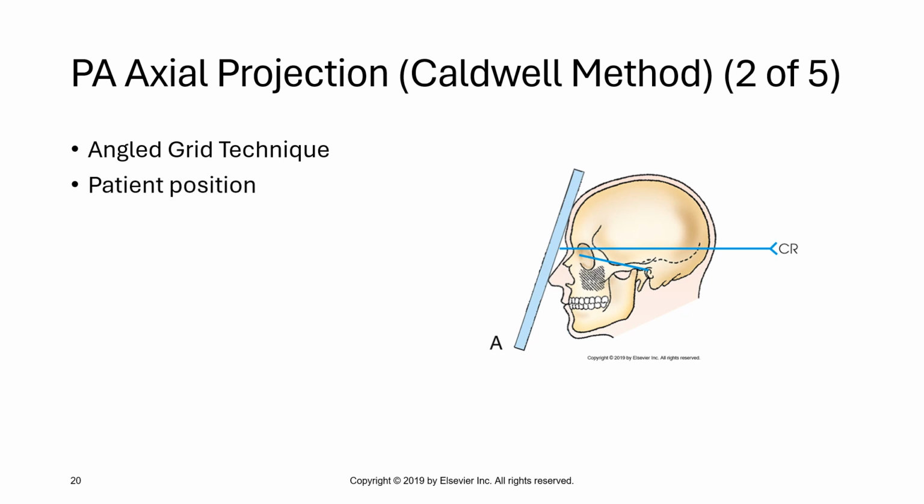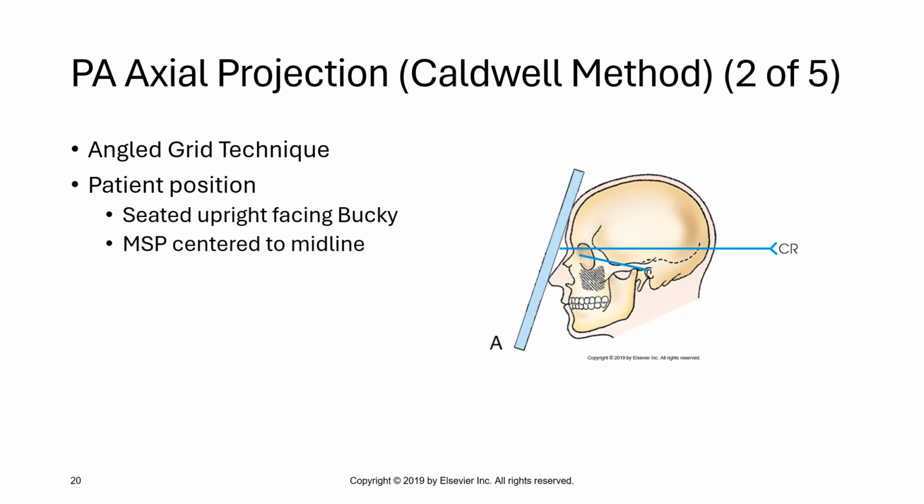Angled grid technique, patient position is upright. Seated, upright facing the Bucky. Mid-sagittal plane, obviously centered to the midline of the image receptor. Don't let them rotate, so both the anterior and posterior mid-sagittal planes are in the same line, perpendicular to that image receptor.